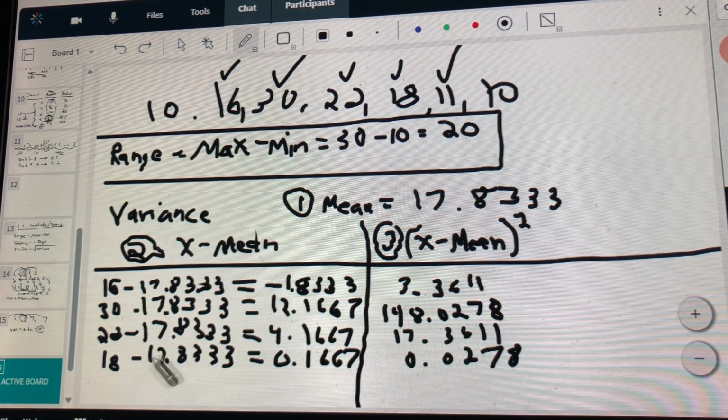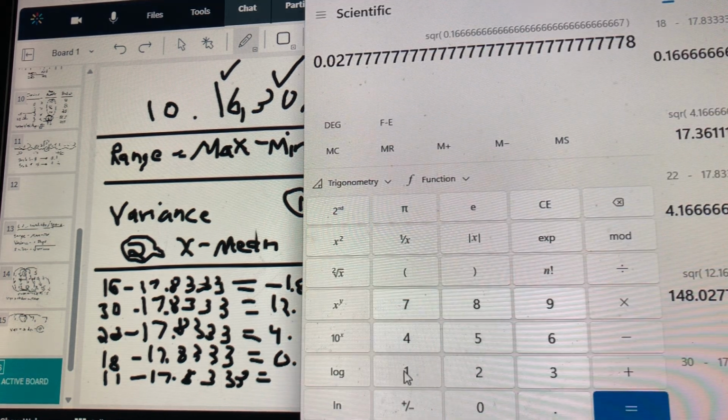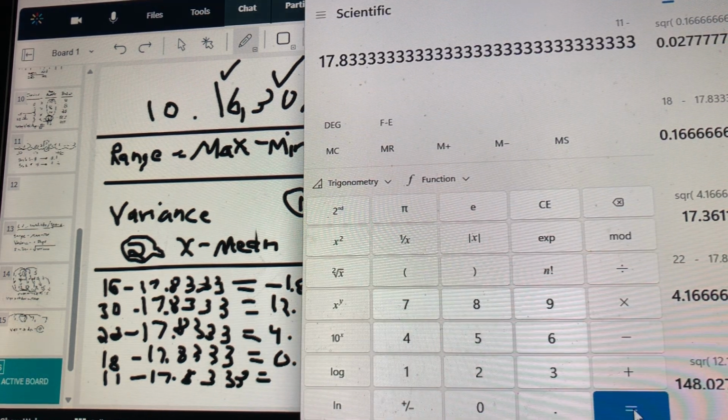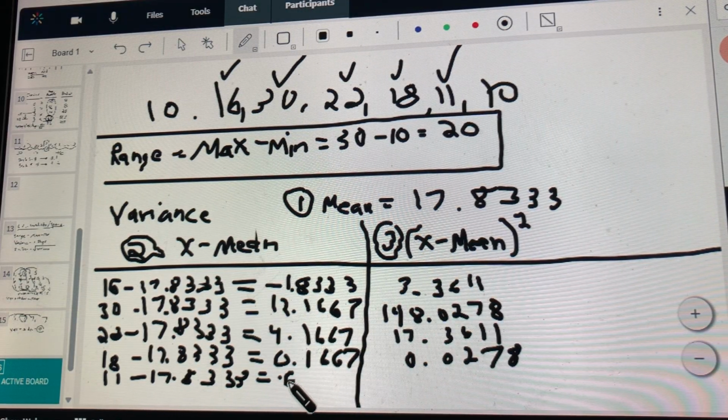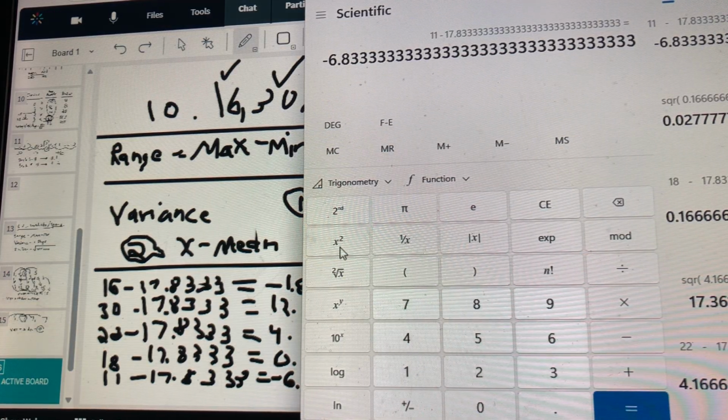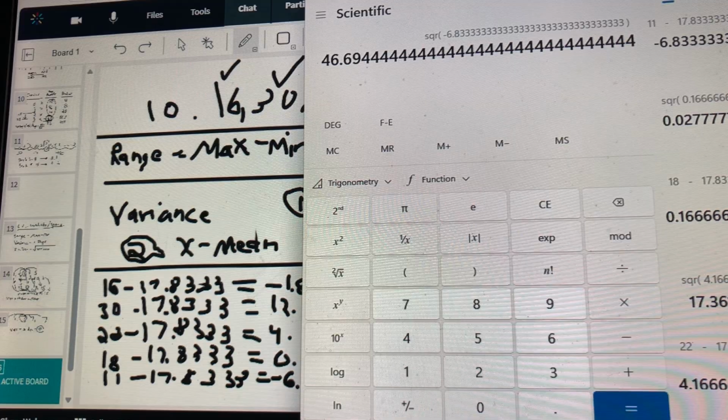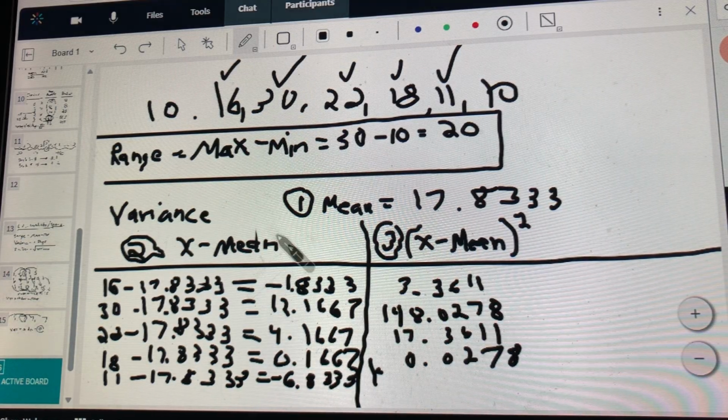2 more to go. 11 minus 17.833. 11 minus memory recall equals negative 6.8333. And then square it. 46.6944.